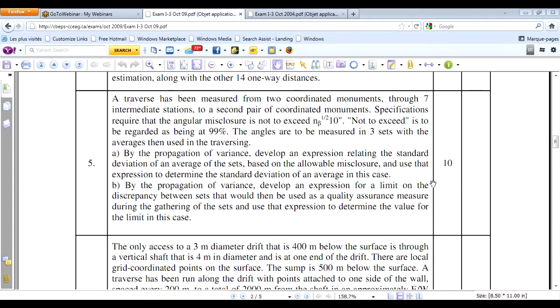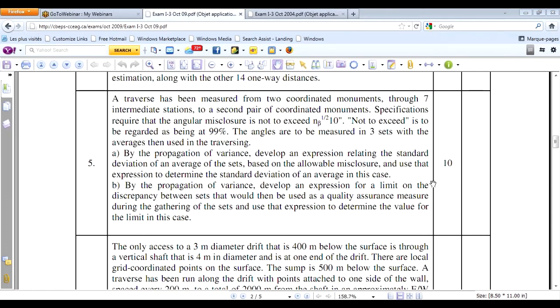And all of those then algebraically summed together would be your observed deflection from the first pair of coordinated monuments to the direction created by the second pair of coordinated monuments. So that's the observed deflection.